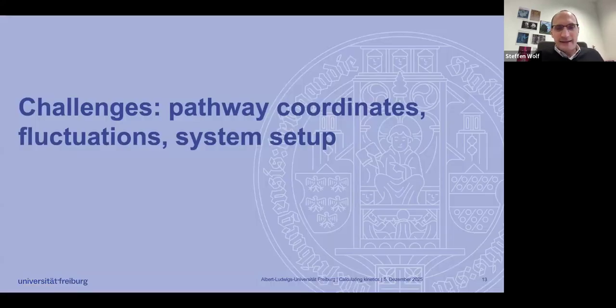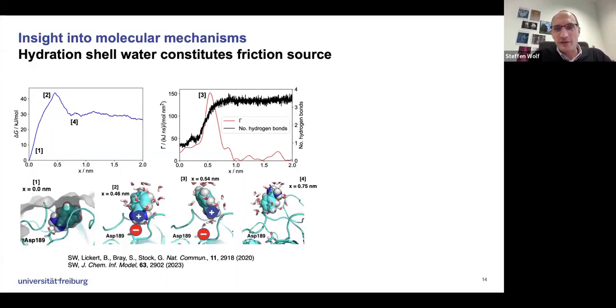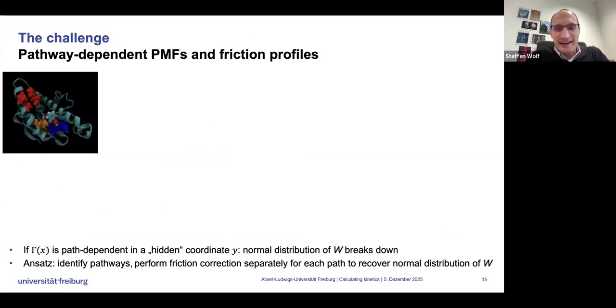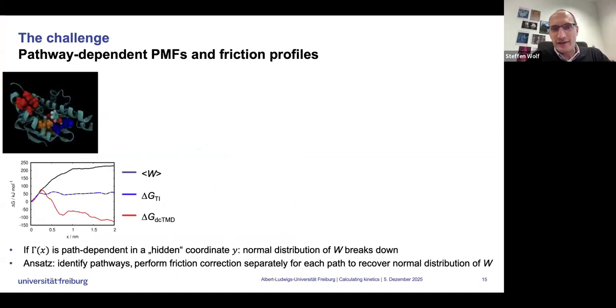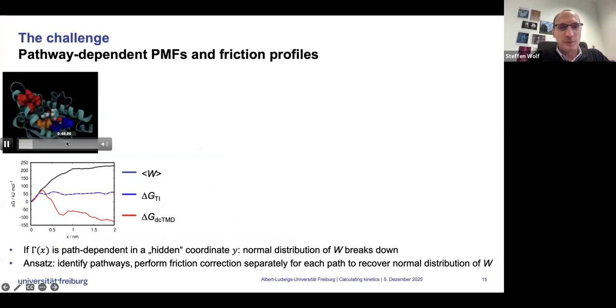When we had all that settled, I thought, okay, let's now go to real systems. Let's perform simulations with real proteins. And there it turned out this did not directly work. Here on the left side, you see one simulation with a protein called HSP90 and the unbinding of a ligand, which I show here on the top in the movie.